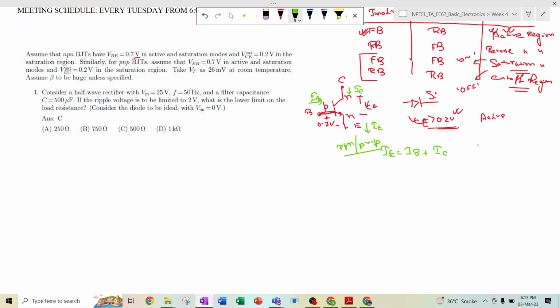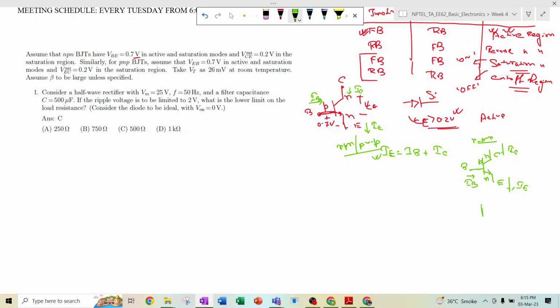So what happens in case of NPN? In case of NPN, this is the emitter, this is the base, and this is the collector. So this is N terminal, P terminal, N terminal. This IC and this IB both combine to form IE. So IE is basically IB plus IC, right?